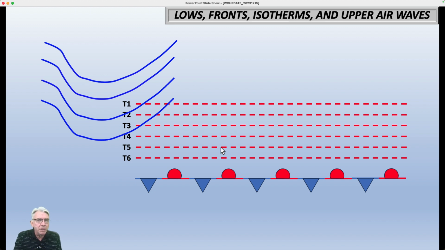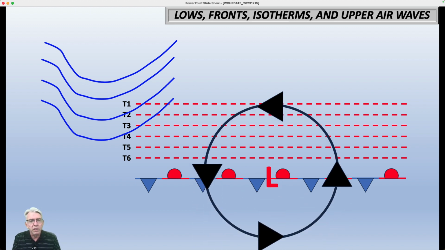And so it begins to interact with this front, and there's generally a low pressure all the way along this front. And so what happens is that wave induces the development of an area of low pressure right along that front. Now, we all know that in the northern hemisphere, the winds blow in a counterclockwise manner around lows. So once that low forms, then it's going to start to change the nature of that stationary front, and it's going to start moving the isotherms around.